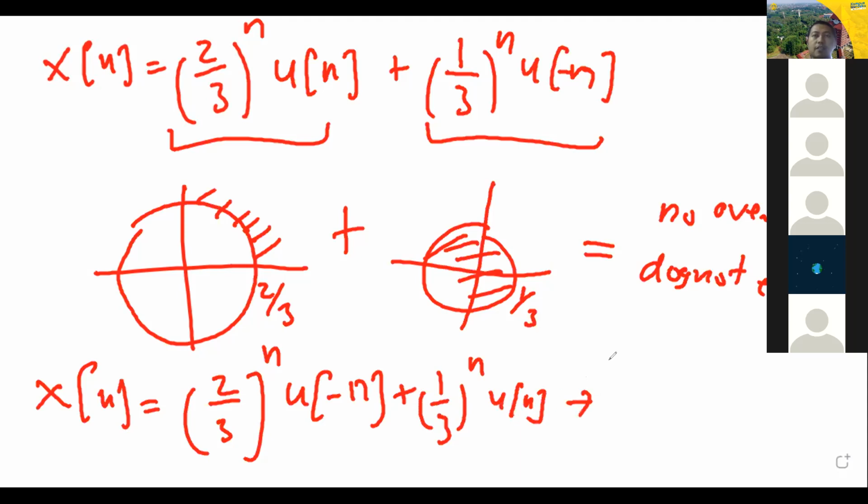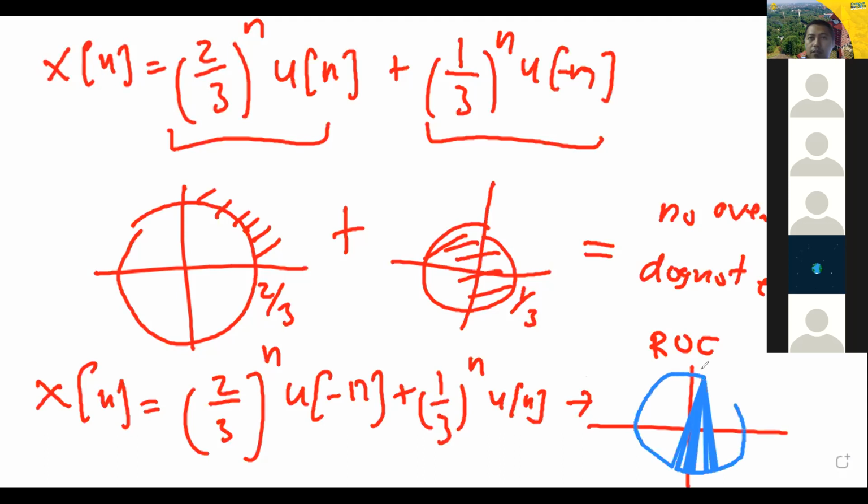Then this ROC will exist, because if you remember, I changed the color here. Actually this one is 2/3, and this should be inside.